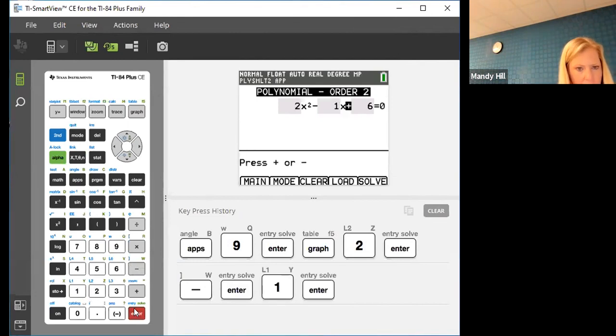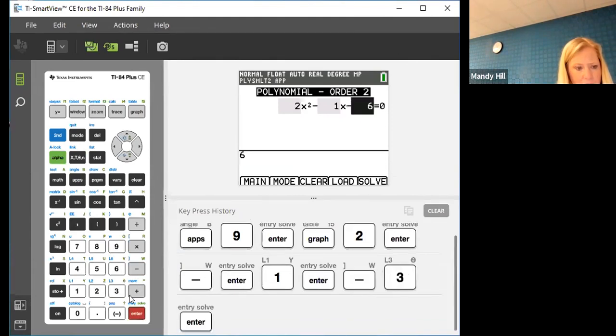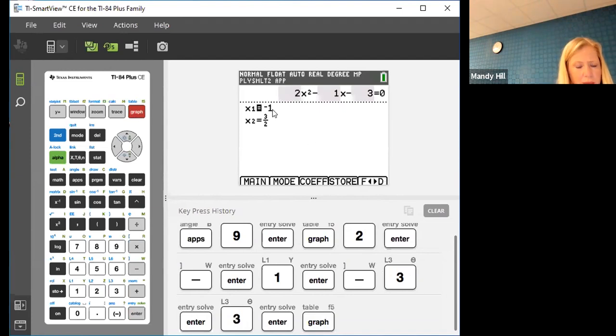And then when we moved the 3 to the other side, we had a minus 3. Then we want it to solve it. And see, these are the answers that we got, -1 and 3/2. So you can do these problems, especially when they come out even like this, on the graphing calculator.